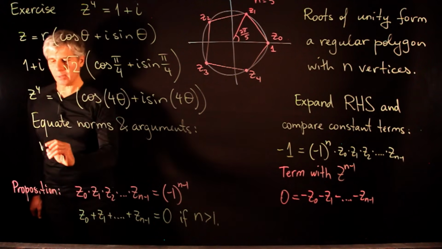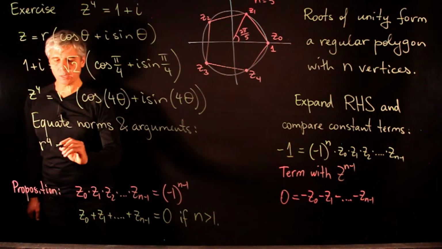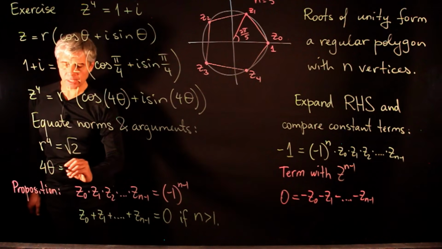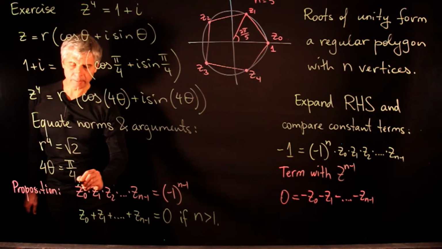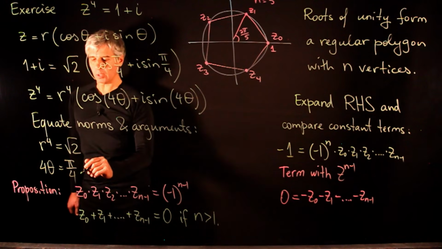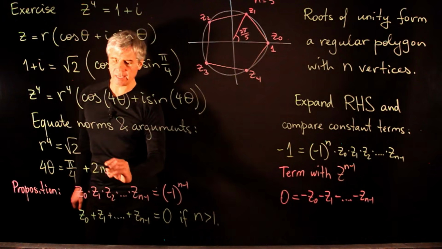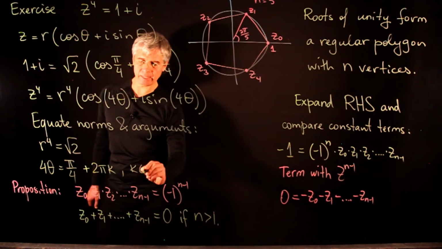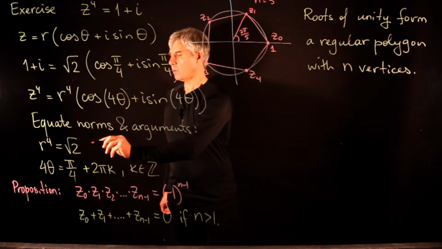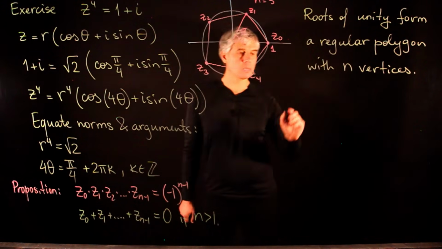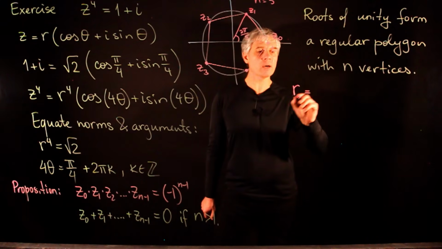So we will have r to the power 4 is equal to square root of 2, and 4 theta is equal to pi by 4. But this is equality of angles, so we should really write pi by 4 plus 2 pi k, where k is in Z. The equation for r to the power 4 has to be solved in real numbers. And so there is only one solution.